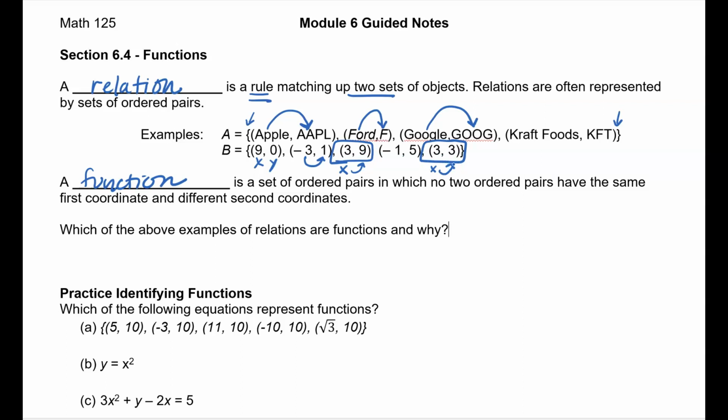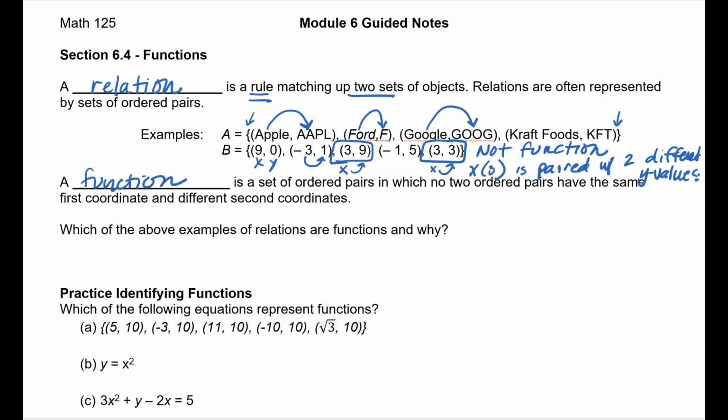And so because we have one X going to different Y's, we would say this is not a function. So not a function because the X, which is 3, is paired with two different Y values.